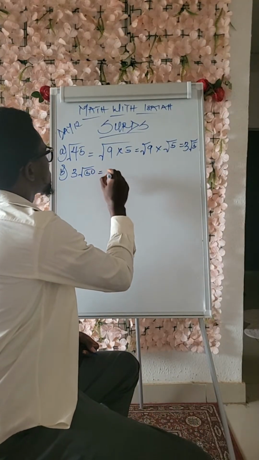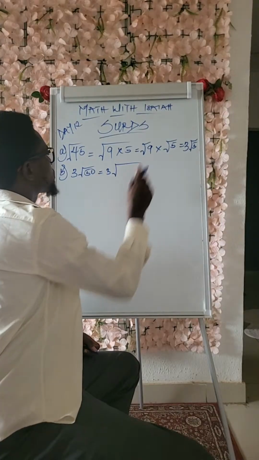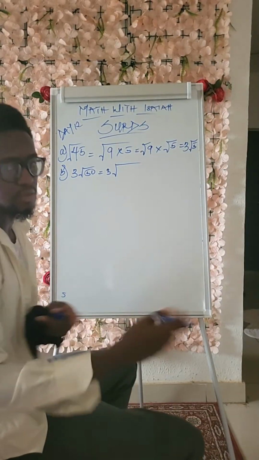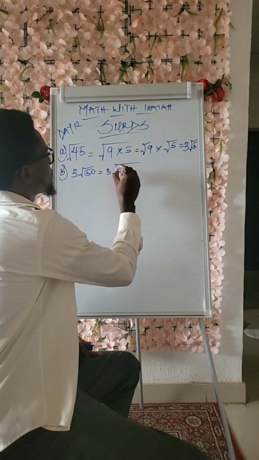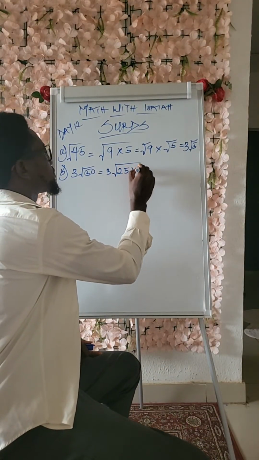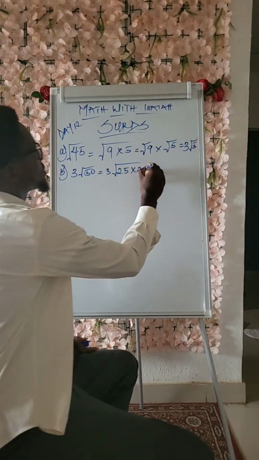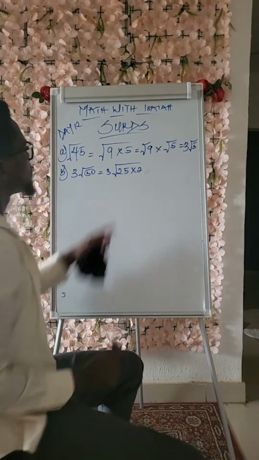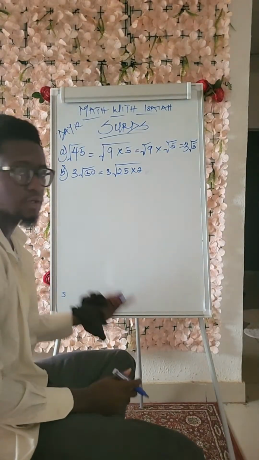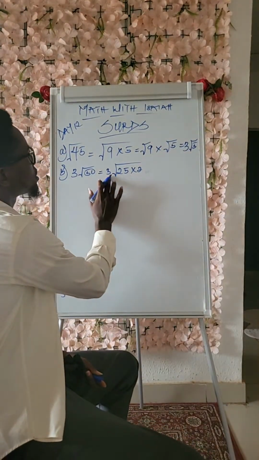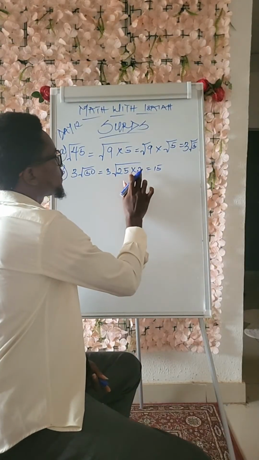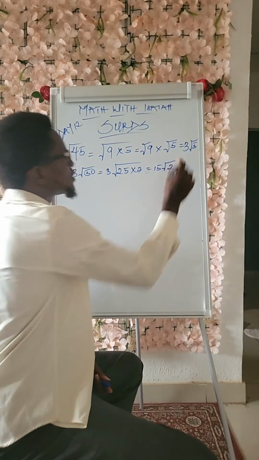Now, let's break this 50 down into one number that we can find the square root of and another random number. That's 25 times 2. What's the square root of 25? That's 5. Now that 5, you multiply it by this 3. So 5 times 3, you'll have 15. We can't find the square root of 2, so it stays there.